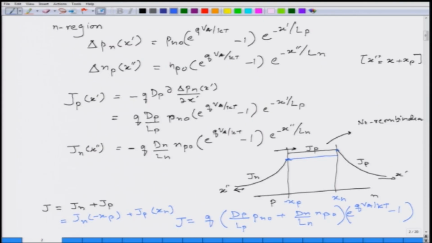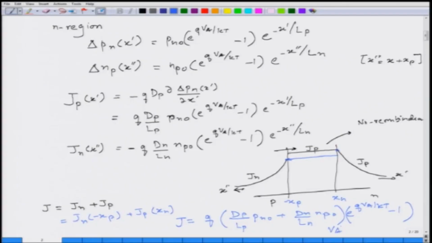Now, it is important to note that so far in all this derivation, we have not said whether V A is positive or negative. Basically, V A can be both positive or negative. If positive, it is going to be a forward bias case. If I take V A to be negative, it is going to be reverse bias case.